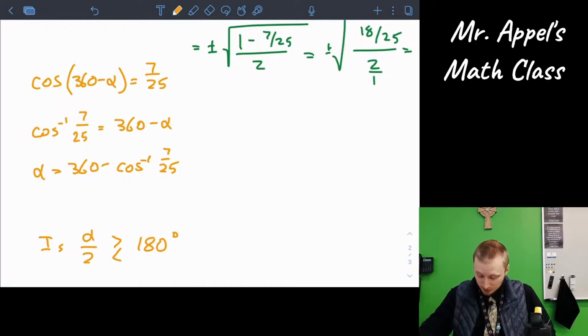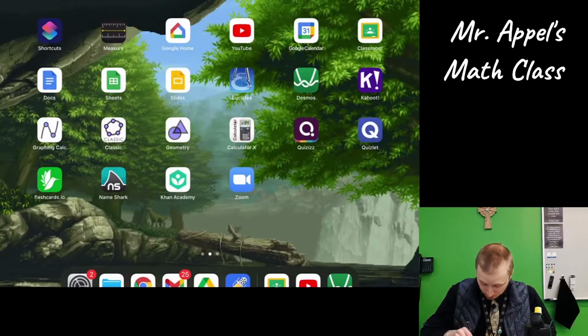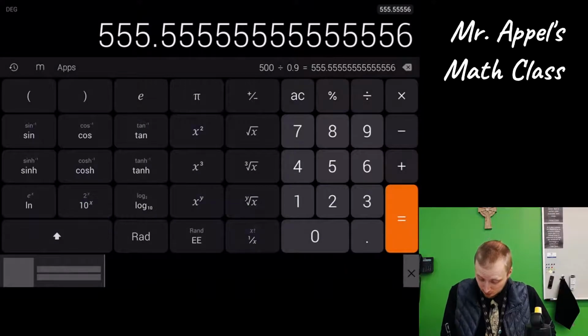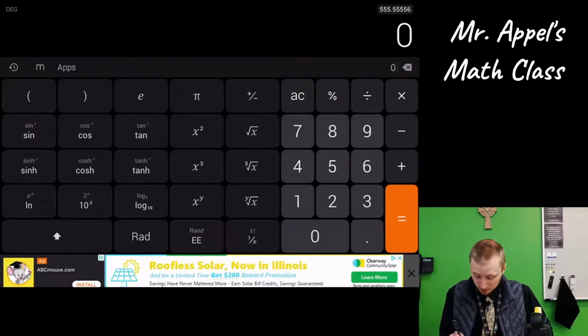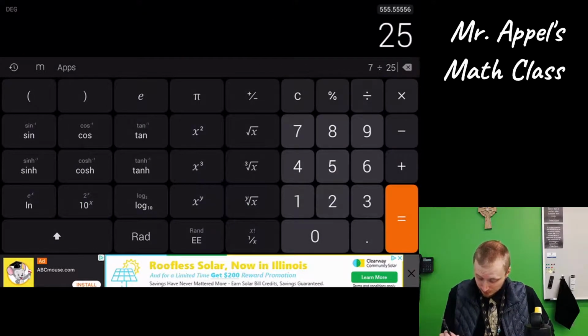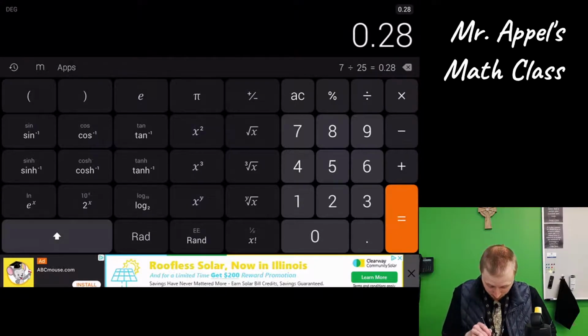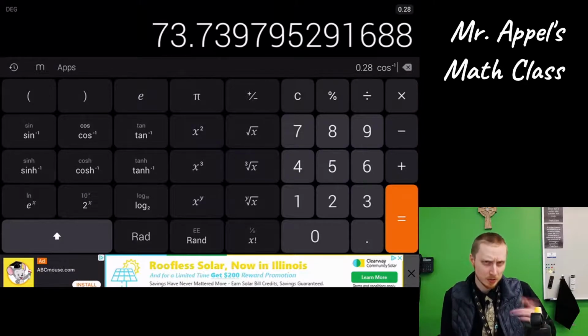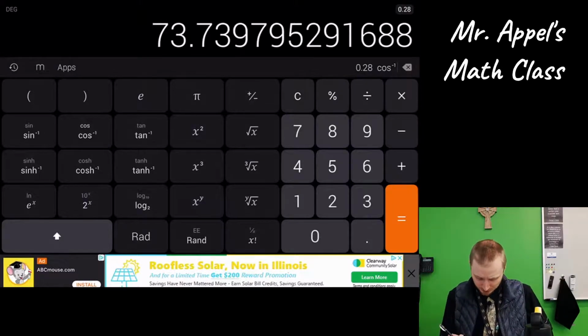Okay, inverse cosine of 7 over 25. Calculator. No, just the regular calculator I think will work. 7 divided by 25 is 0.28, and we need the inverse cosine of that. 73.74 degrees. Let's go 2 decimal places.